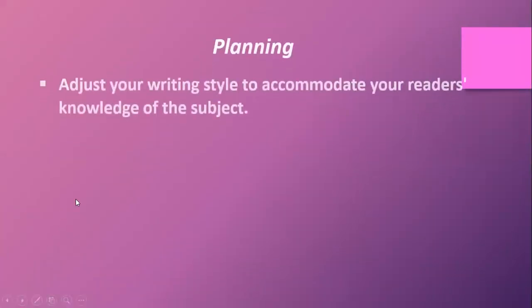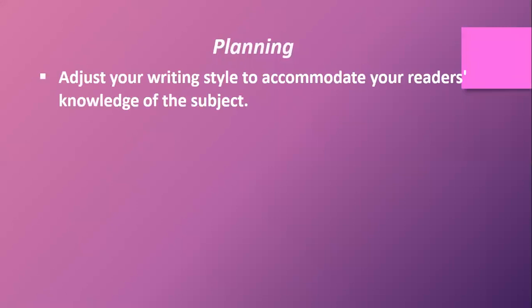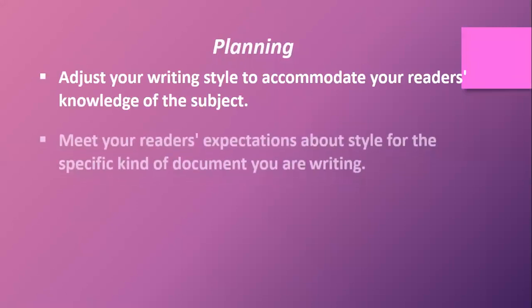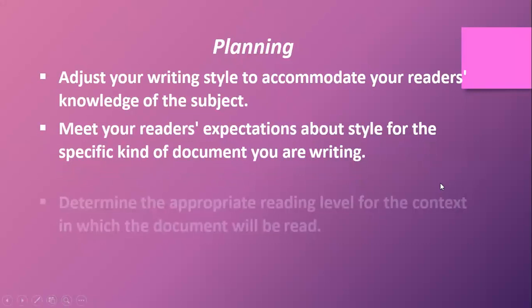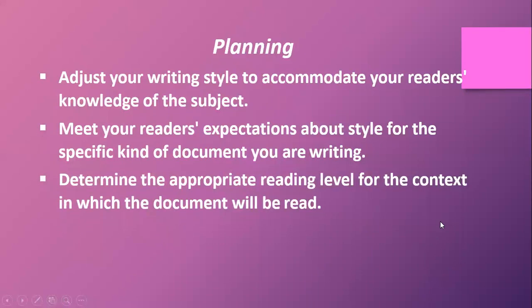So the planning: we adjust our writing style to accommodate the reader's knowledge of the subject, and we meet our readers' expectations about style for the specific kind of document that we are writing. And then we determine the appropriate reading level for the context in which the document will be read.